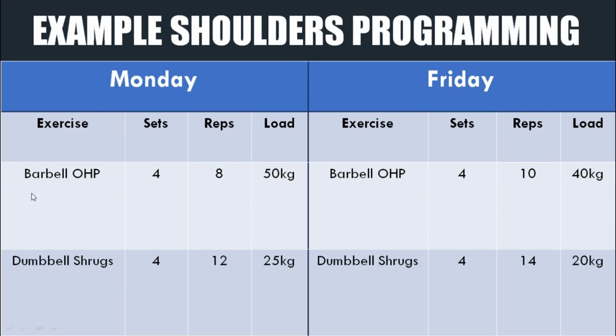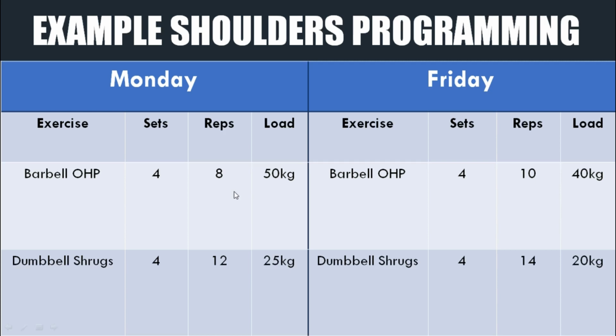We might do a barbell overhead press as the main heavy compound exercise, but if our upper traps are lagging somewhat or we want more growth in there, we might also include dumbbell shrugs. So we'll pick those two exercises. That should be sufficient with all our other heavy compound lifts that we're doing throughout the training week.